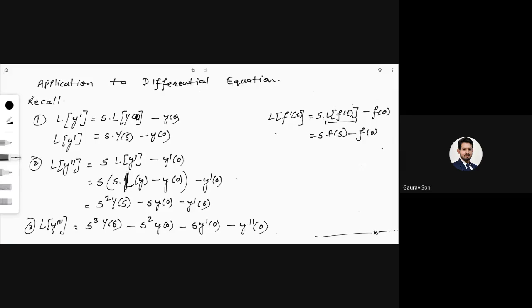And if you are not able to remember this, just understand the first formula, because all of the below are derived from this one. You use this again and again, you will get the required result. So now let's solve the examples. Example 1.